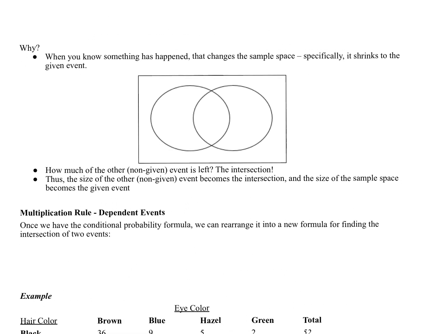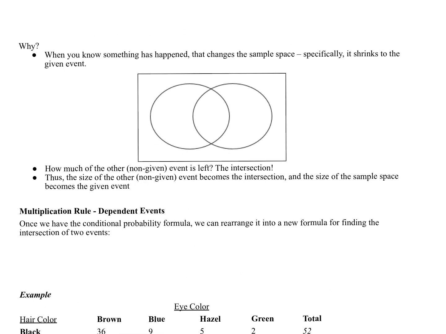So another way to think of this is in a picture. I think it's easier to visualize what that means in a picture. So when we know something has happened, it changes the sample space. It specifically shrinks it to the given event. So if I want to look at this visually, I have event A and I have event B and I have my sample space. So if I want to find the probability of A given B, I'm saying event B has already occurred.